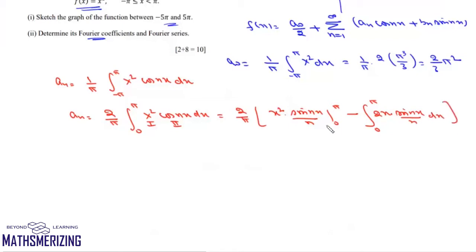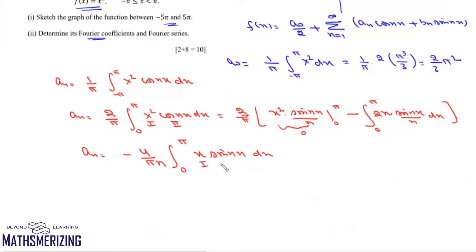Now sin n pi will be 0. So value of this first expression will always be 0. Now we can write an as minus 4 upon pi, and this integral from 0 to pi x sin nx, and we'll take this n with pi, so it will be minus 4 upon n pi into dx.